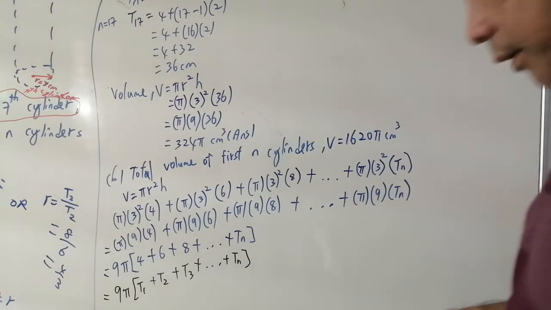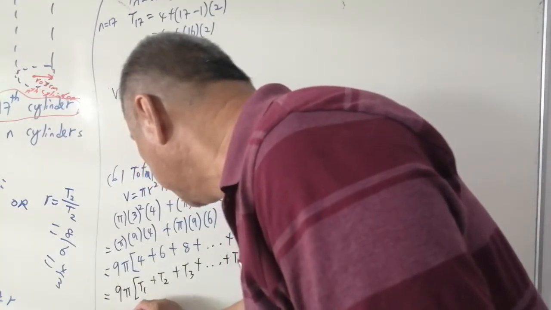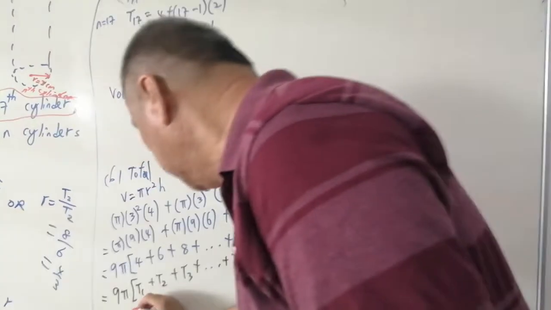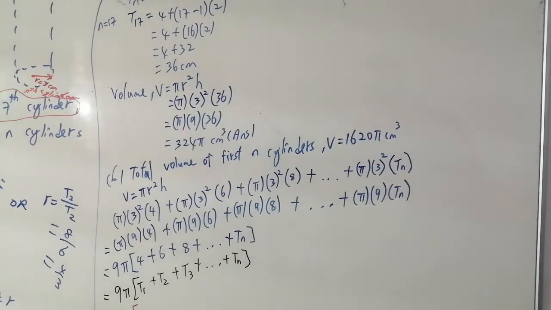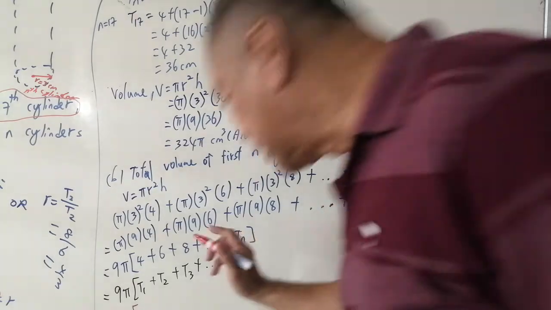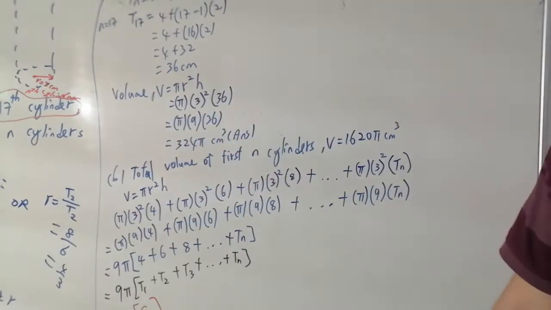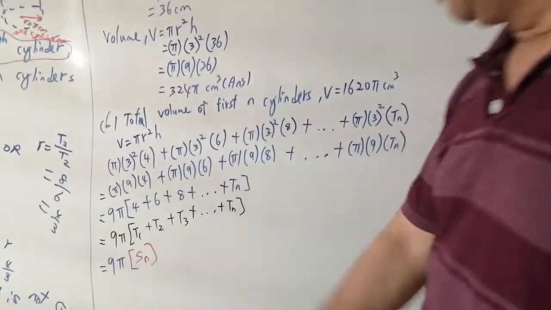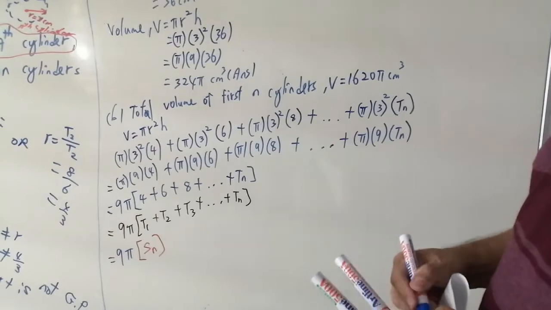Now your 9 pi here, this one actually equals T1 plus T2 plus T3 plus Tn, which equals the sum of the heights of the cylinders until the nth term. So I need to find the sum here. What formula is my sum equal to?